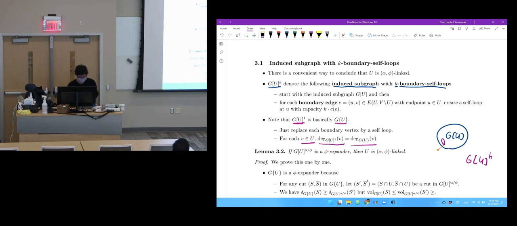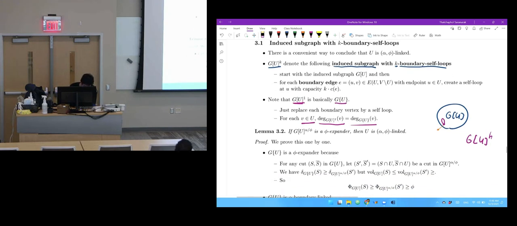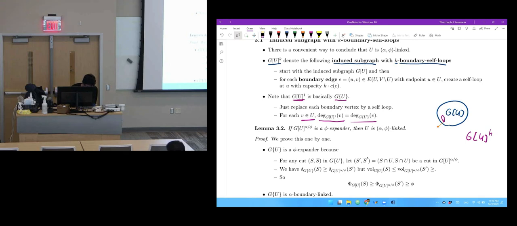Just because of this, the structure of the graph doesn't really change. If you have a cut, the conductance and everything is almost the same, within some small constant factor.